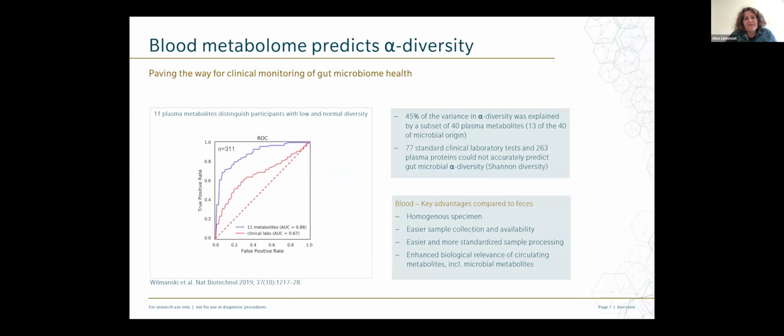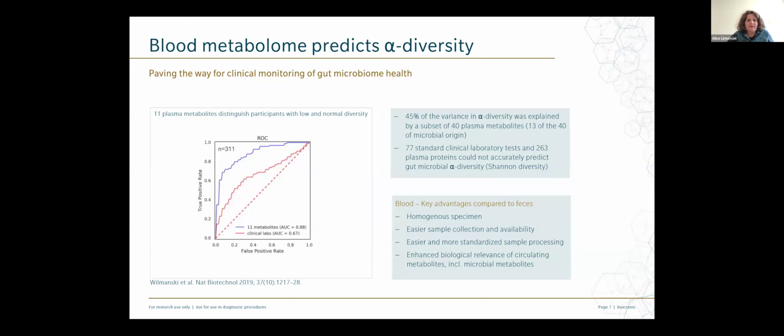And one paper that's really interesting for this, especially for people who don't quite believe in this relevance of the blood metabolome in combination with the gut microbiome and with metagenomics, is a publication from the Institute of Systems Biology in Seattle, where they measured alpha diversity the usual way in feces, and then checked this against several standard clinical lab tests and against proteomics and metabolomics in the blood.